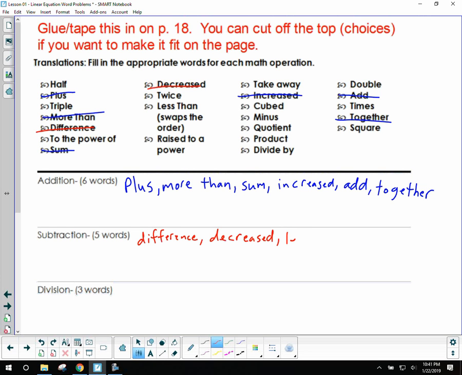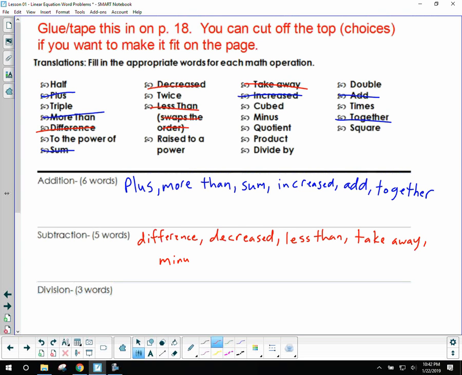It's going to make a difference down the road. Let's see. Take away. Kind of like I take away your cookies. And minus. Skadoosh.